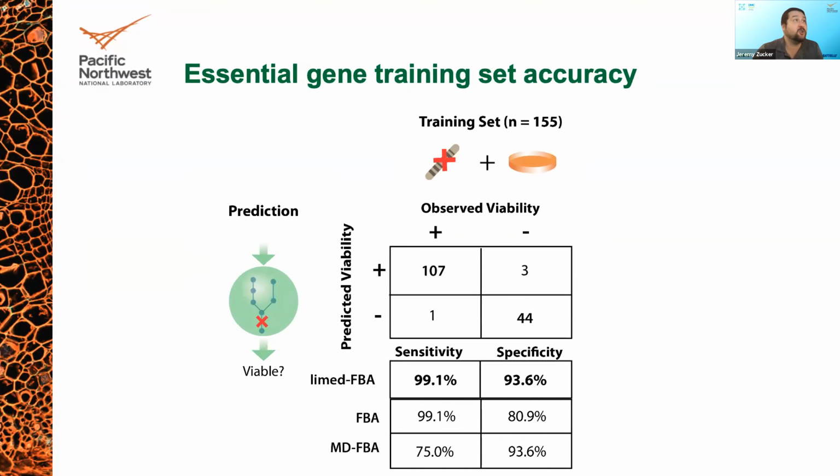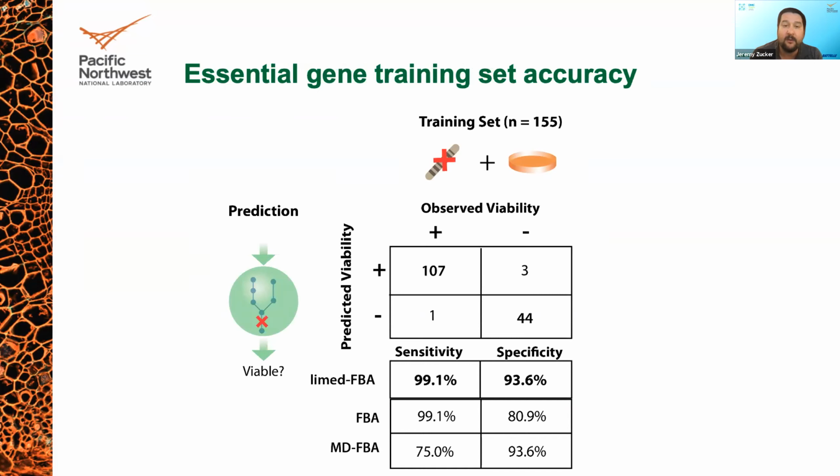Accuracy was measured as two quantities, sensitivity and specificity. Sensitivity was defined as the proportion of experimentally viable mutant observations that were predicted to be viable in silico. And specificity was defined as the proportion of experimentally inviable mutant observations that were also predicted to be inviable in silico.